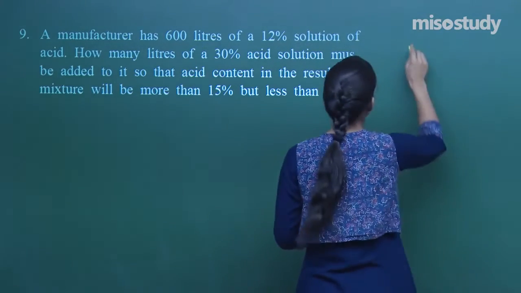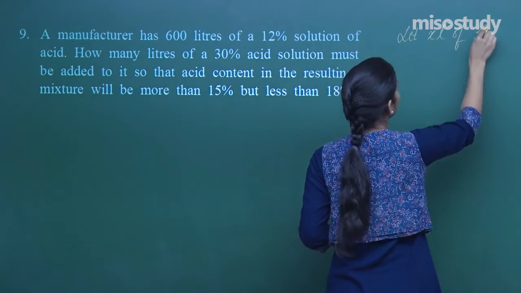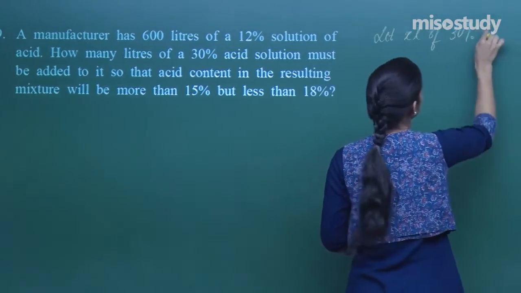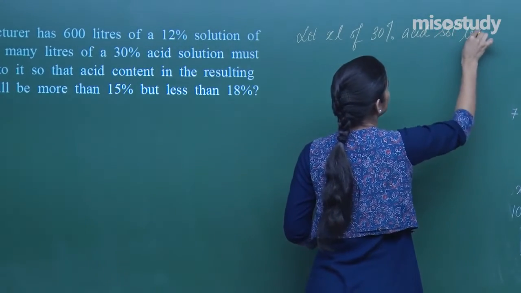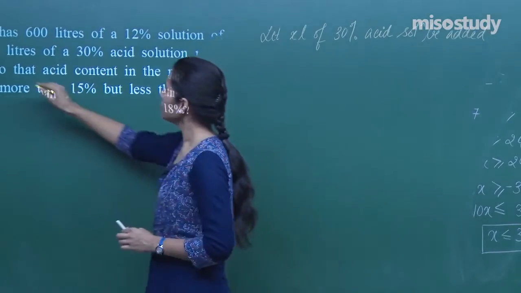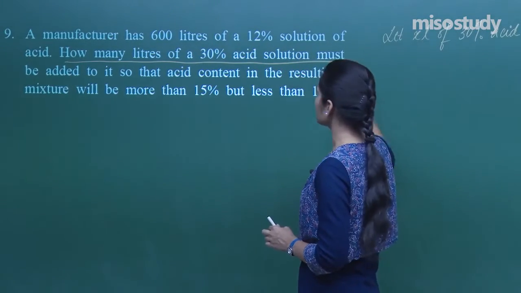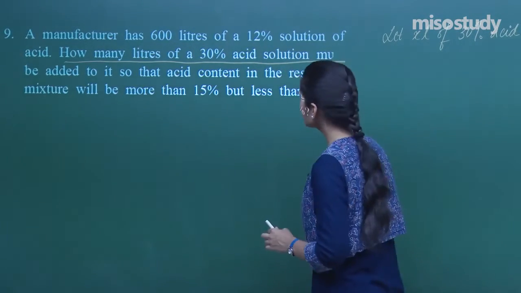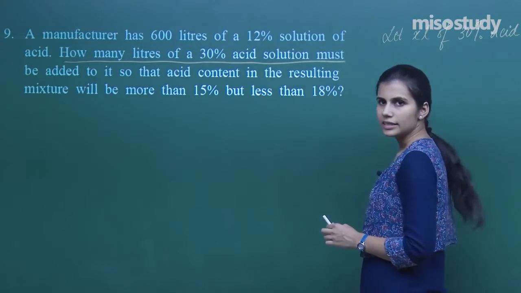So let me say that x liters of 30% acid solution be added. The question is saying how many liters of a 30% acid solution must be added so as to get the acid content of the resulting mixture more than 15% and less than 18%.